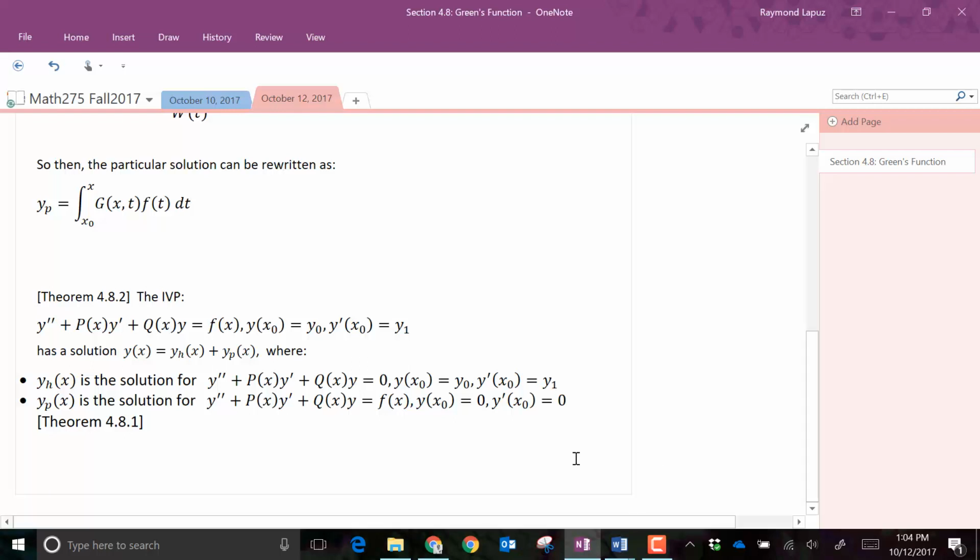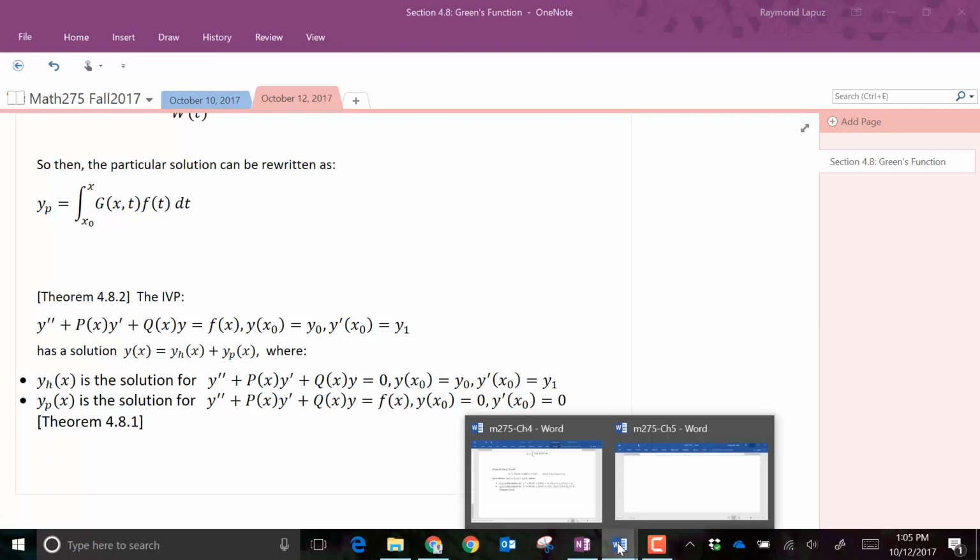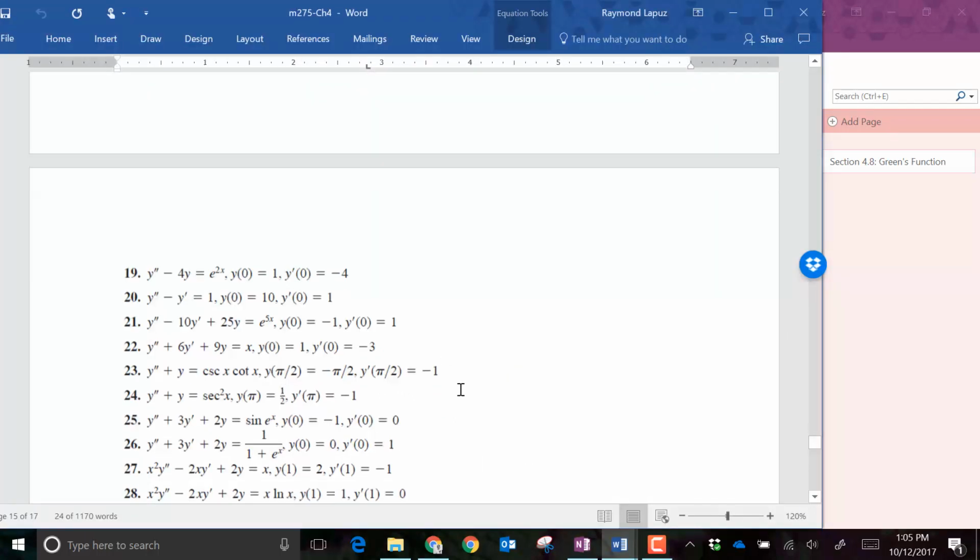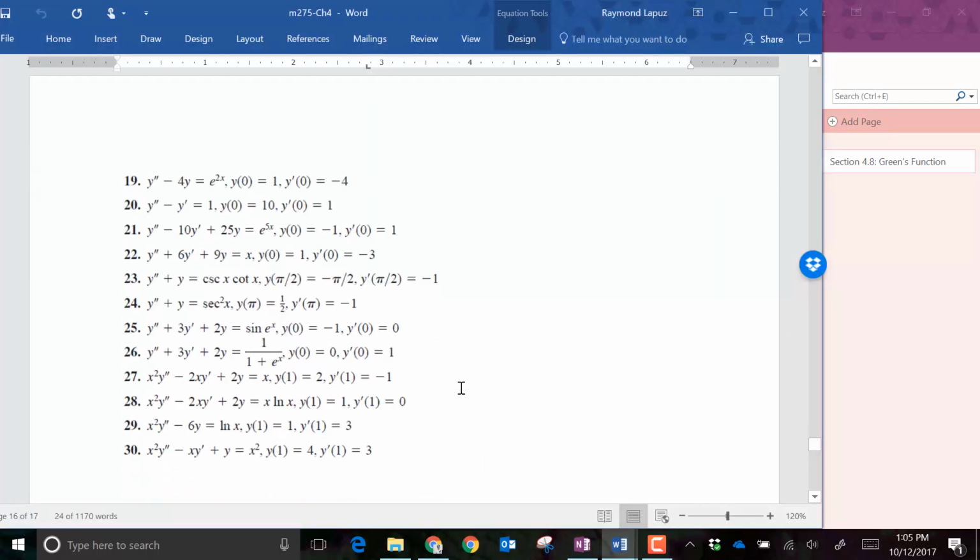All right, example. Let's do an example. Where am I going? Oh, still navigating through this. Maybe we should start off with number 19. All right, what is it again?